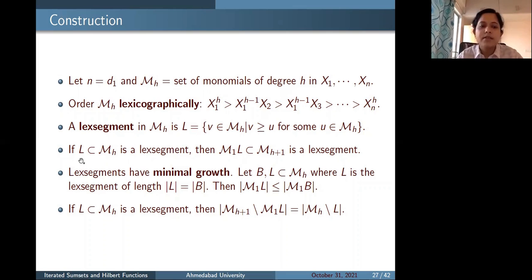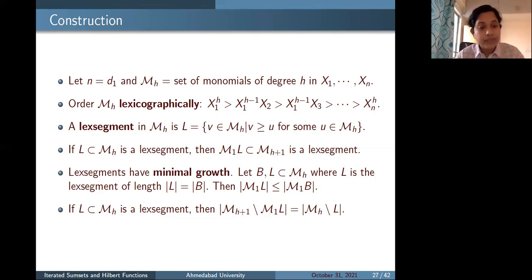Also, if L is a Lex segment, then M_1 L, which is a subset of M_{h+1}, is also a Lex segment.